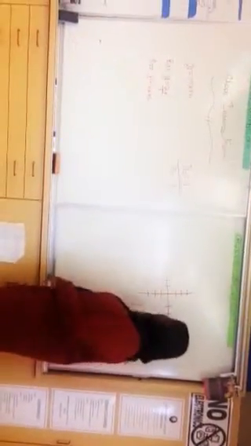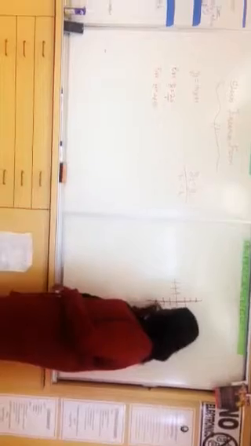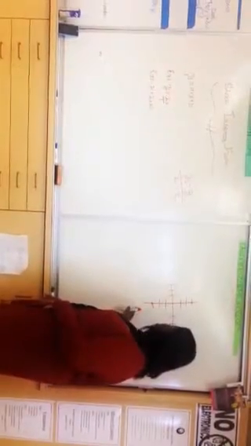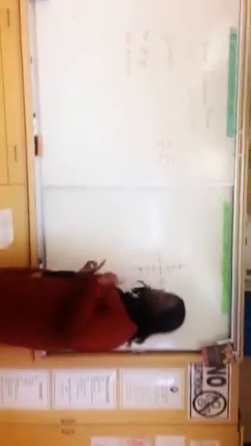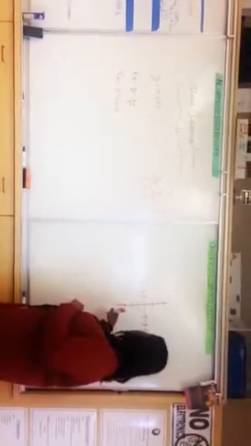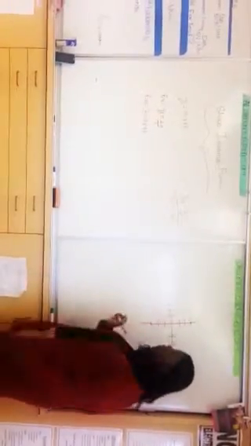Say if your 3 was negative, you would start at negative 3 on the y-axis. If your slope was negative, you would go down 2 over 1. If you go back to your original problem, go up 2 over 1. So it depends on if your slope is positive or negative.